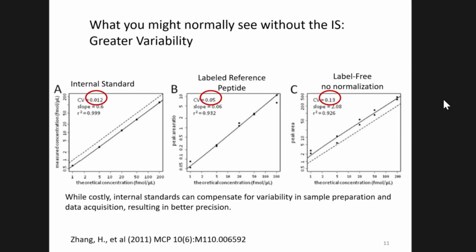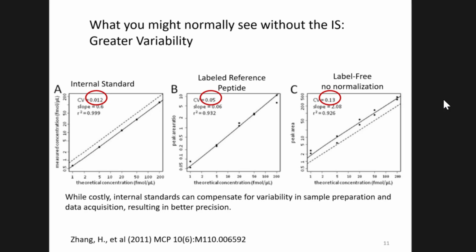This is a slide I showed yesterday, but it looks at how the variability is affected by these internal standards. The coefficient of variation over measurements of the entire response curve is very small when you normalize every peptide to its individual internal standard.